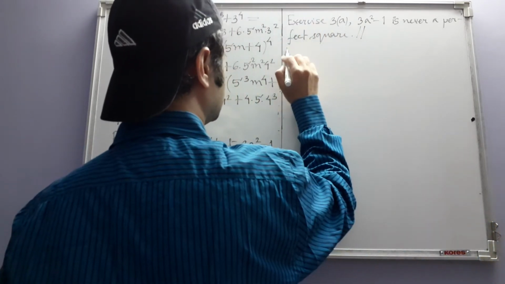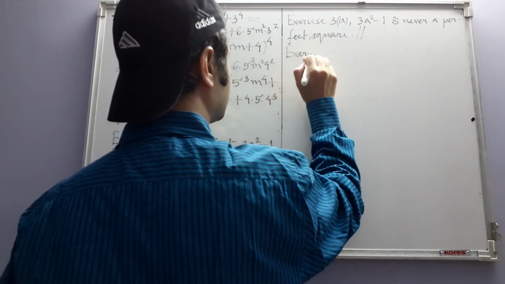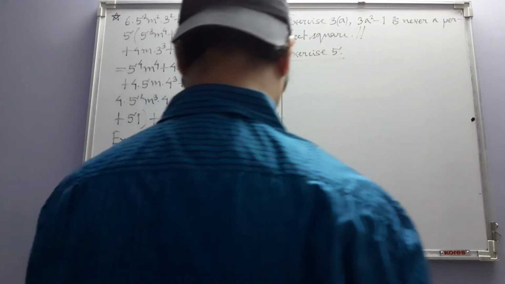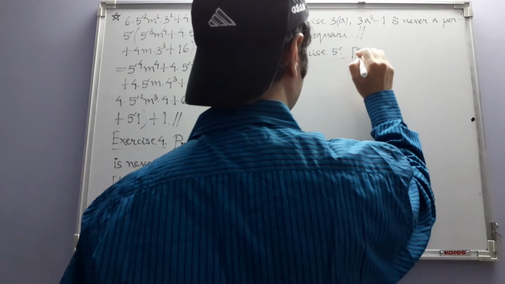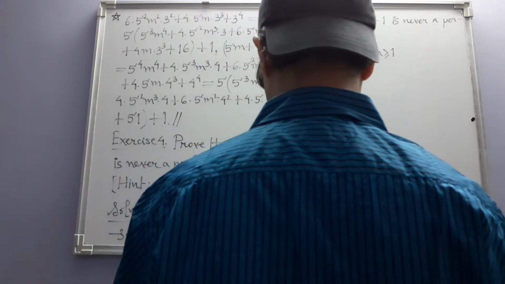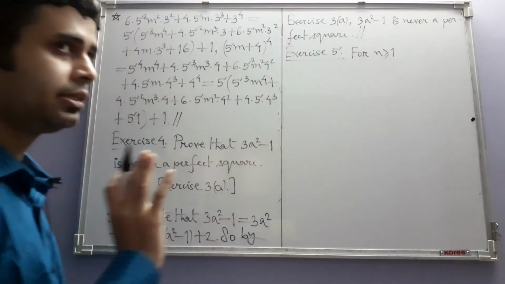Then exercise 5. For n greater than or equal to 1, that is for a positive integer. Here also you see we are not saying anything.